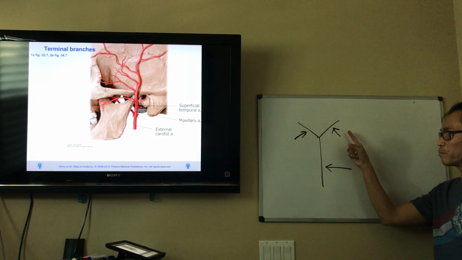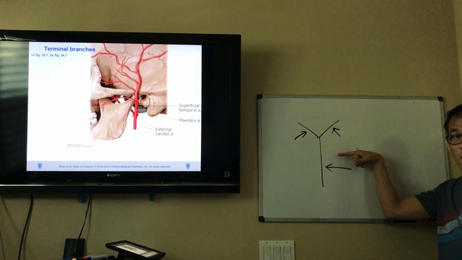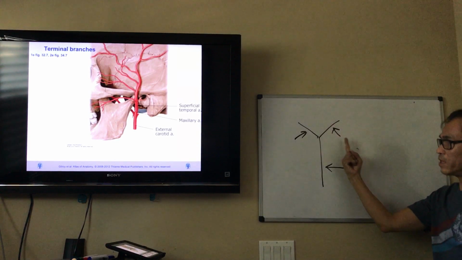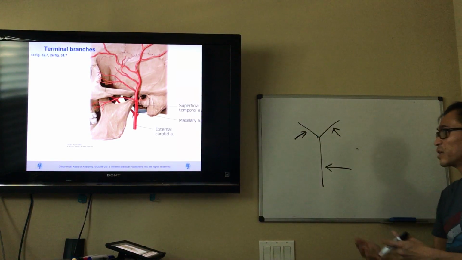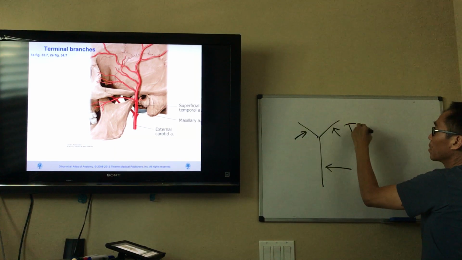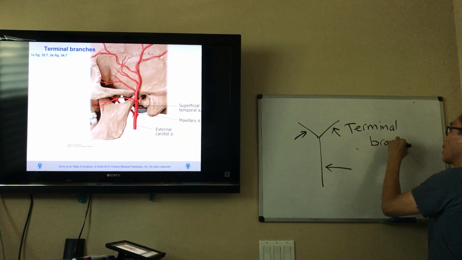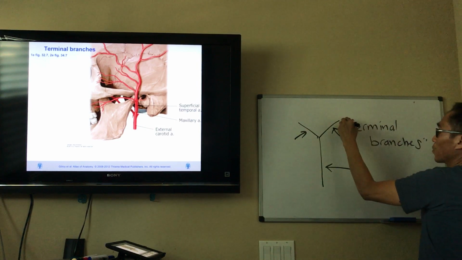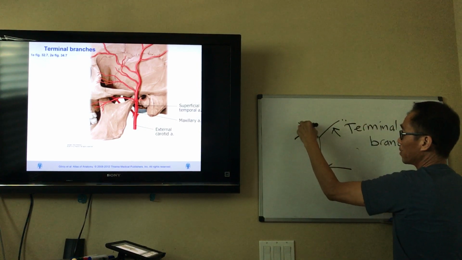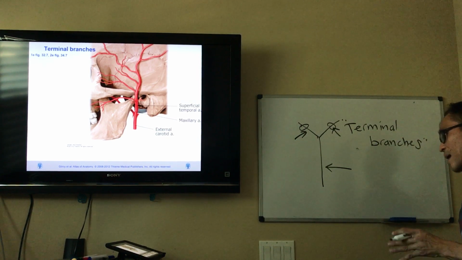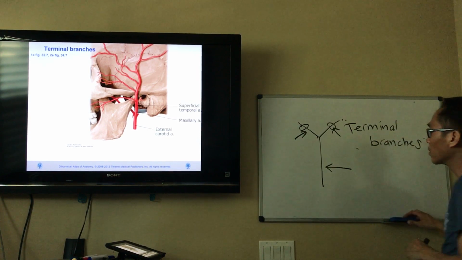And these two are branches of this one. And this one ends when it branches into these two. So they call these branches terminal branches. That's the term used to describe this one and that one. So that's what we have here. We have two terminal branches of the external carotid artery, and they are maxillary and superficial temporal.